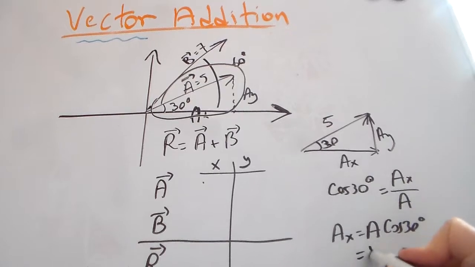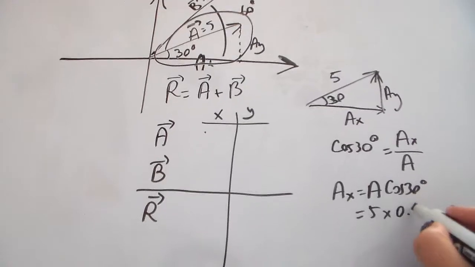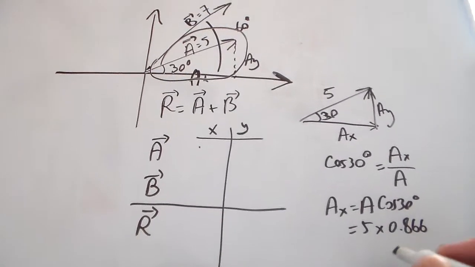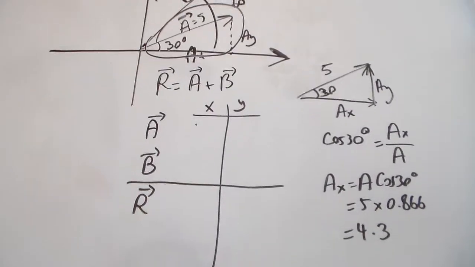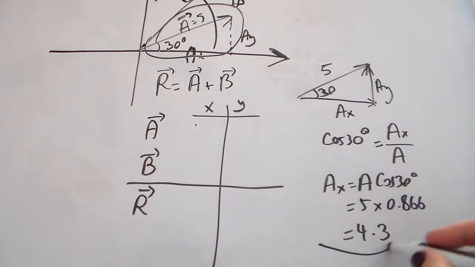Now A is 5, and cos 30 degrees is about 0.866, and then we can get a number out of that. The number is going to be 4.3.